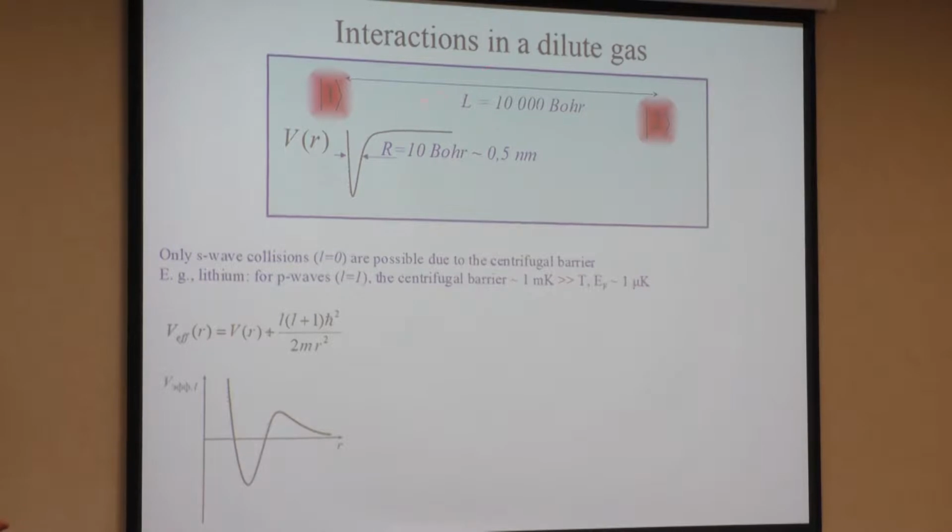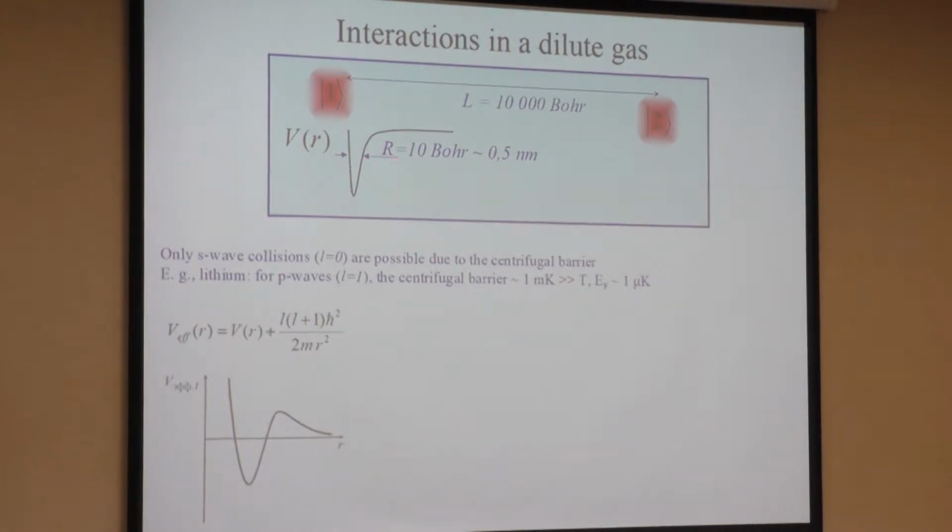So the potential is electrostatic, and the typical spatial extension of the potential is just on the order of 10 Bohr, about half a nanometer. And nevertheless, despite this very small range of the potential, the atoms can feel each other from very far apart. And this would be the peculiarity of low energy interactions.